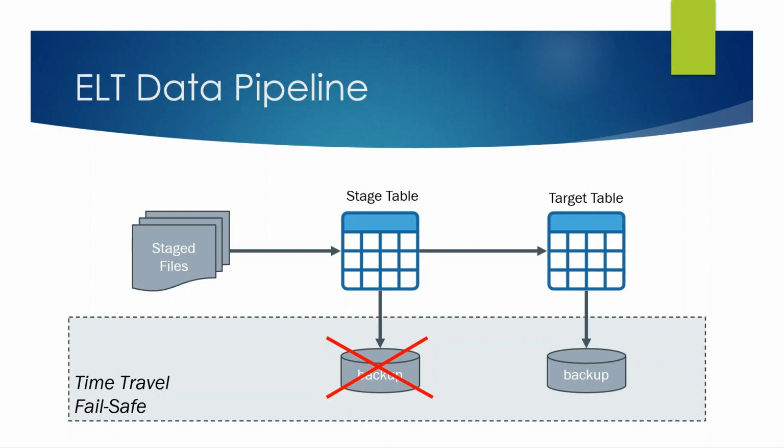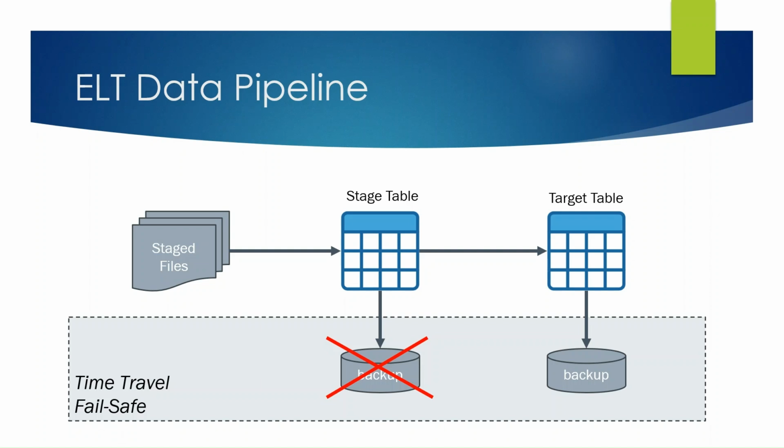Let's review these concepts and, in the context of these intermediate tables, I remind you that usually in an ELT (extract, load, transform) data pipeline, you upload stage files from a stage into an intermediate table, which is called a stage table.